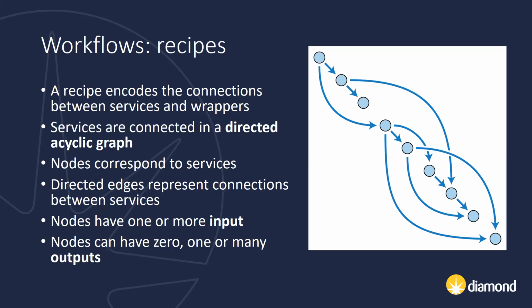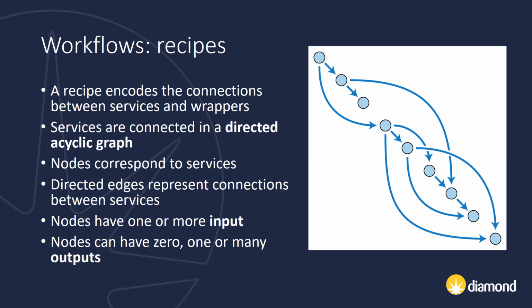So this is where recipes come into Zocalo. Essentially, a recipe encodes the connections between services and wrappers, where the services are connected in a directed acyclic graph, in which the nodes correspond to services and the directed edges represent connections between each service.